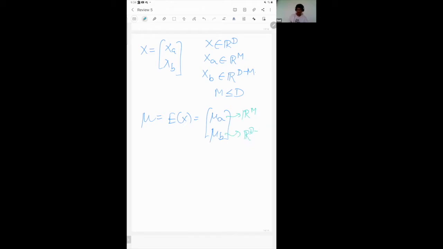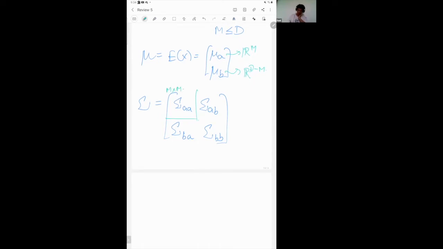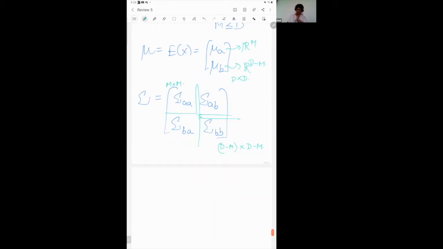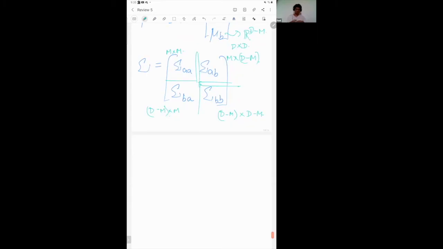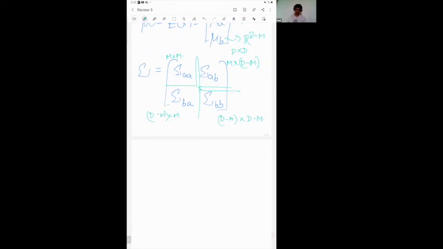Similarly, my covariance matrix is sigma AA, sigma AB, sigma BA, and sigma BB. Sigma AA is m cross m, sigma BB is d minus m cross d minus m, and sigma is d cross d overall. So sigma AB would be m cross d minus m, and sigma BA would be d minus m cross m. I split it into all of these components so that we can split x into xa and xb.